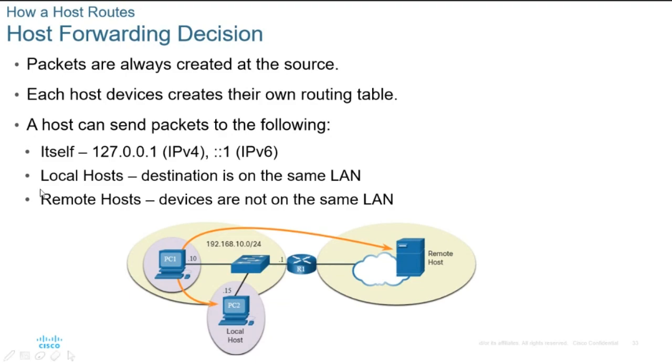Mapapansin dito sa ating topology, meron tayong dalawang network. Meron tayong router, isang local network, isa lang yung kanilang network address, 192.168.10.0. And then yung other, nakakonekta sa other interface, yun yung other network or the remote network, remote host.